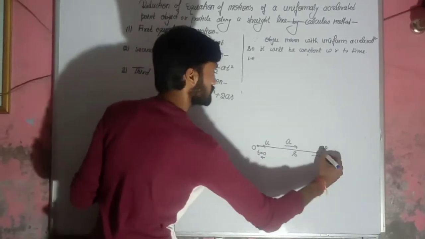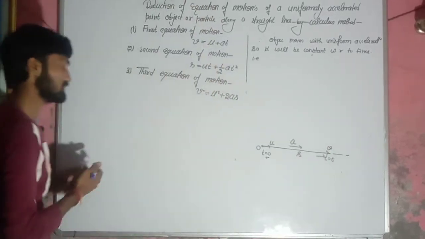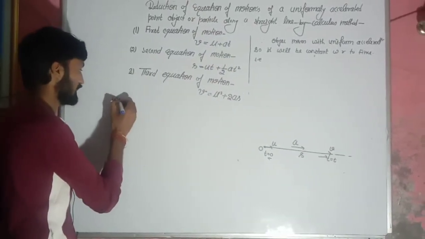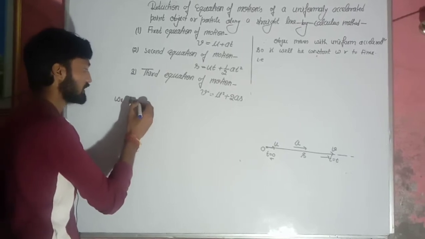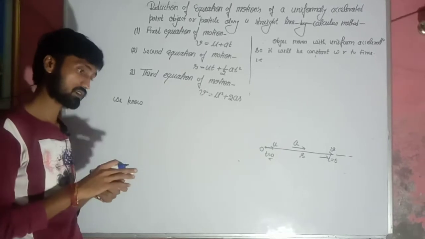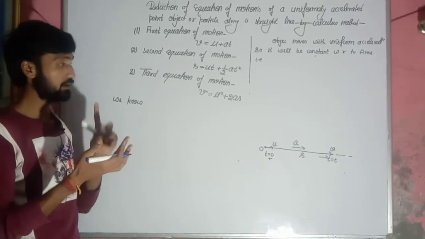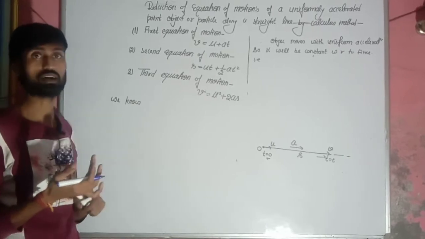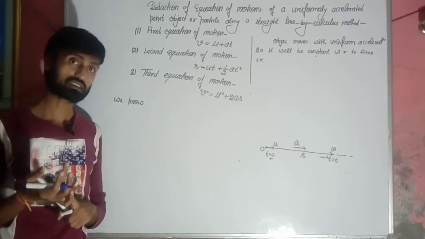Now we will continue this article. As we know, there are two methods to derive this equation of motion. The first method is by the help of the definition of velocity, and the second method is by the help of the definition of acceleration.